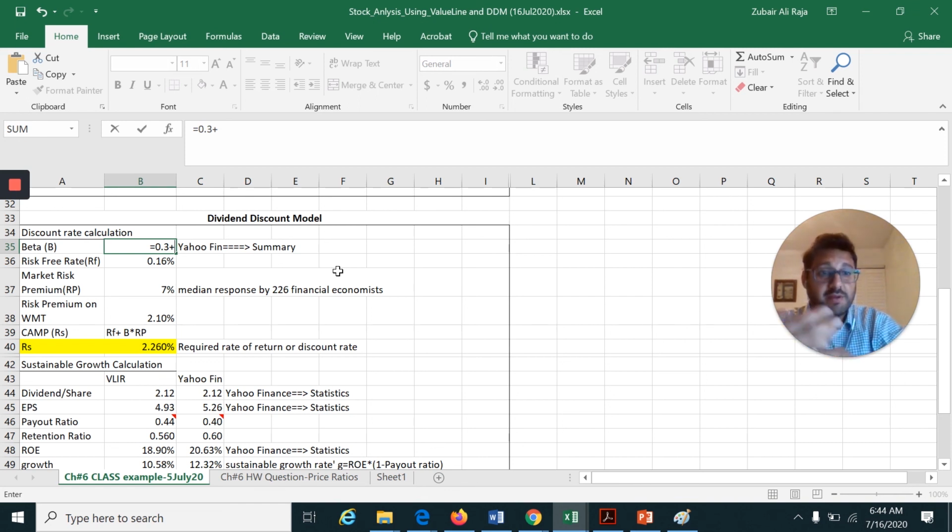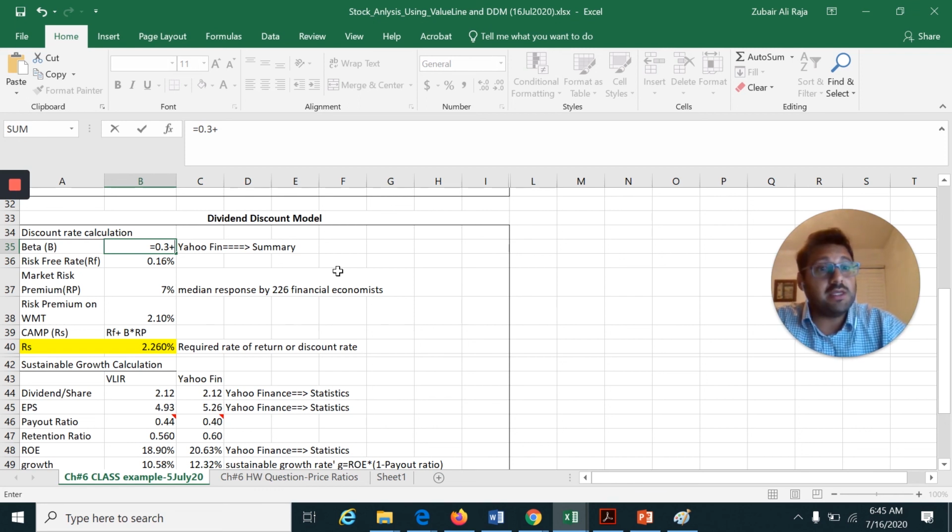If you start spending so much time on one company, you might not be able to do it again. You have to analyze your marginal benefit given your marginal cost. If the marginal benefit is more, then yes, go and do so much calculation. Otherwise, you have Yahoo Finance and the Value Line Investment Survey, so get the beta from there.